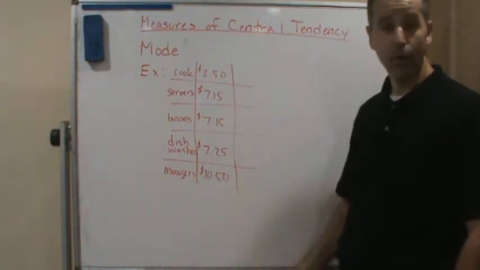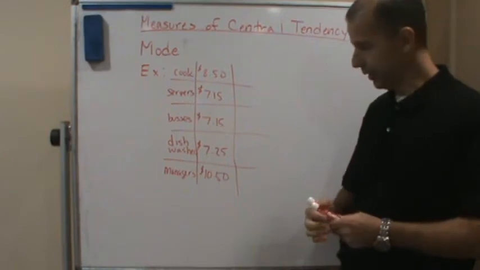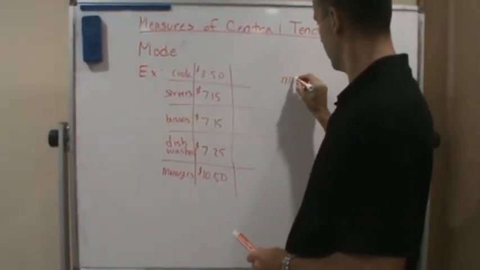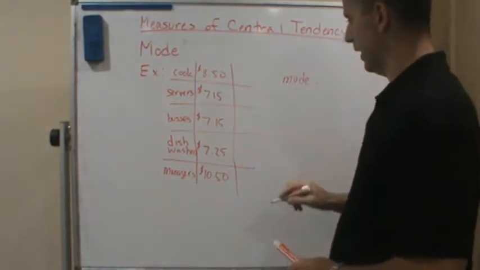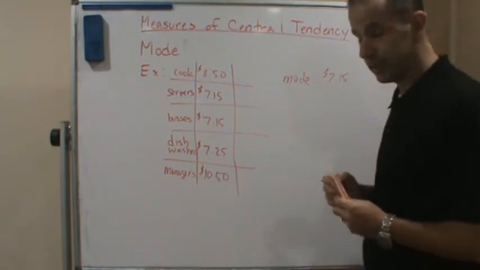Now, what's the mode? The mode is the most frequent value that shows up. So in this case, there's only one mode, and the mode is $7.15. And that's the mode.